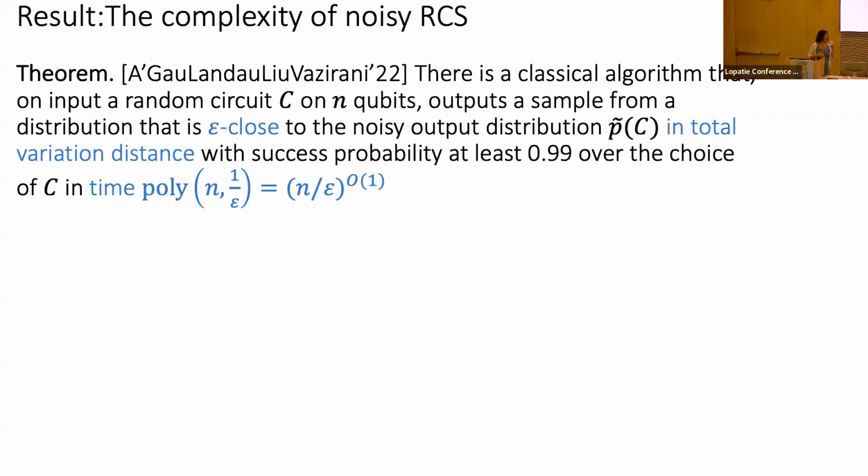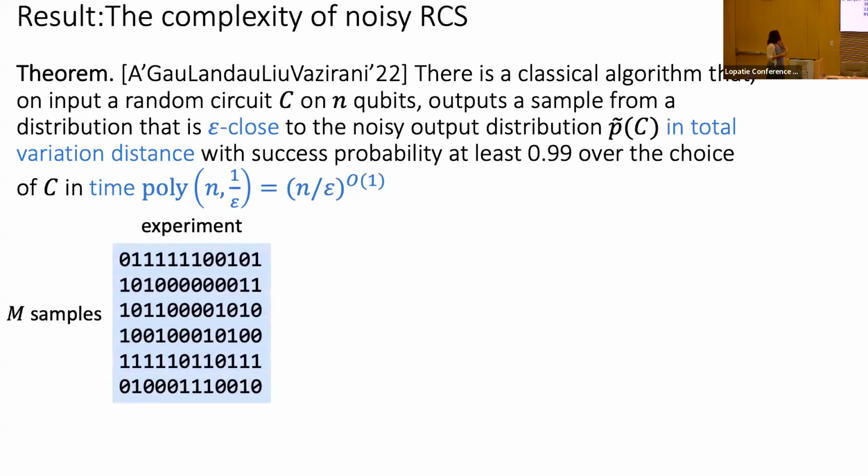So you first pick a circuit, and for most circuits, we'll be able to simulate the output distribution for that circuit to within some total variation distance. And the time it will take, this is crucial, is polynomial in n and in 1 over epsilon.